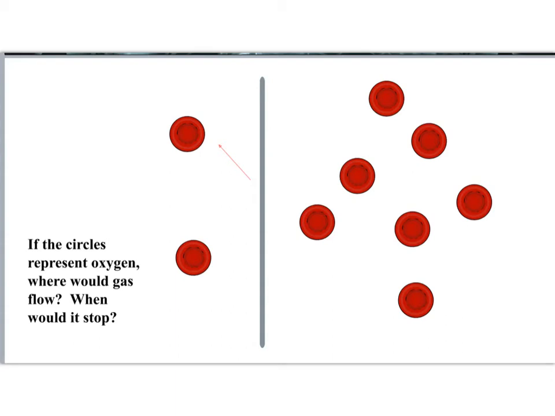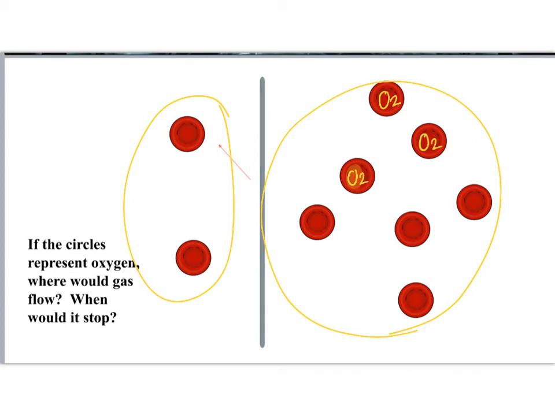So if the circles represent oxygen, that they are red blood cells, but let's say for the sake of partial pressure that they show a gas, we're looking at where gas would flow to. And here it shows on the right hand side that we've got 7 molecules of gas, and on the left hand side 2 molecules of gas.